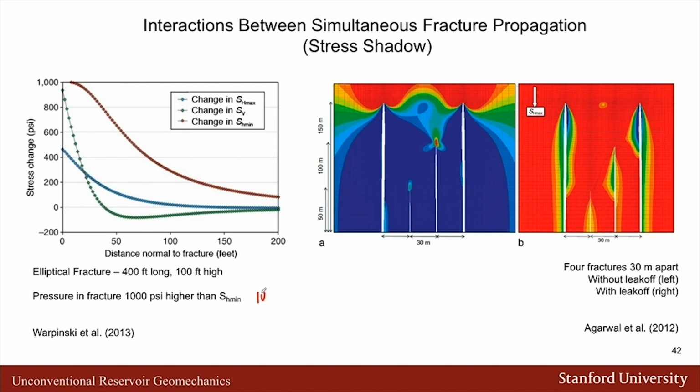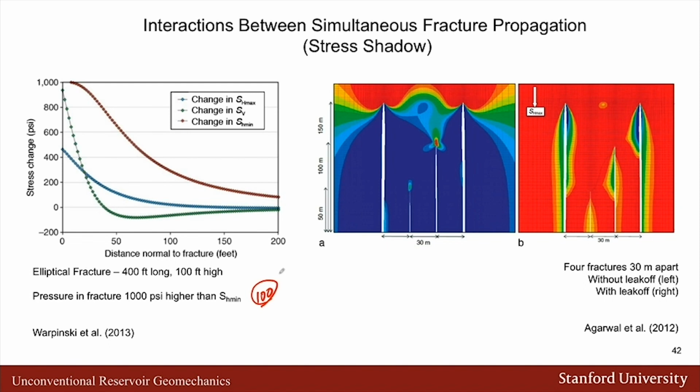100 psi is more reasonable than 1,000, but these are linear results, and what's called 1,000 could, right at the wellbore, be thought of as 100. So let's think of it in terms of 100. It's saying the stress shadow, the stress perpendicular to a hydraulic fracture right next to the fracture, is about 100 psi, but it drops over 50 feet to about 60 psi, and over 100 feet to about 30 psi.